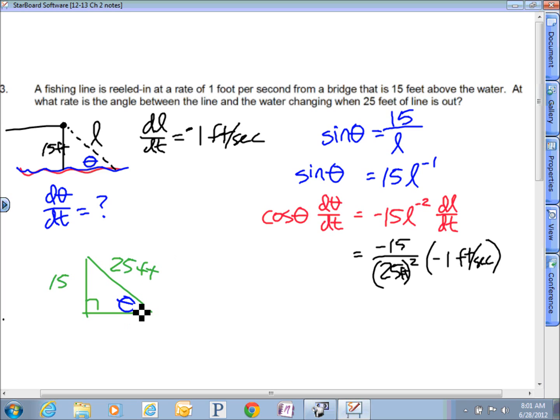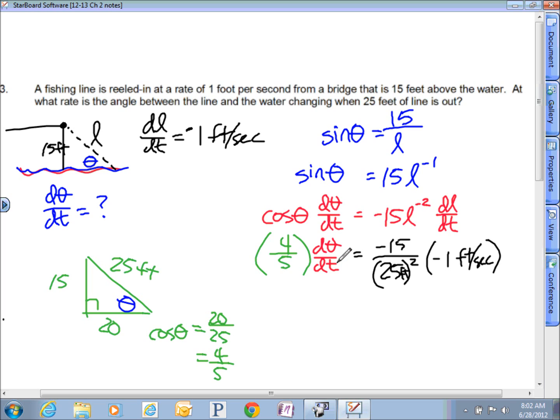You could use a sine inverse to find it, or I could say, hey, this is a 3, 4, 5 right triangle. What I really want is the cosine of theta, so the cosine of this theta would be 20 over 25, or 4/5. So let's put 4/5 right here, and then we've got our d theta/dt that we're trying to figure out.